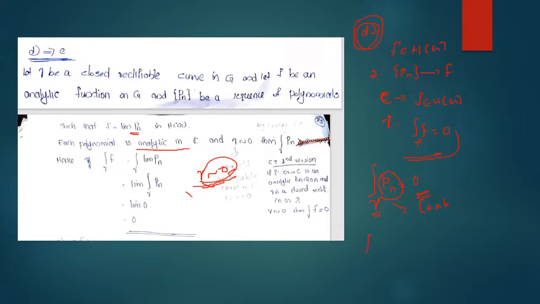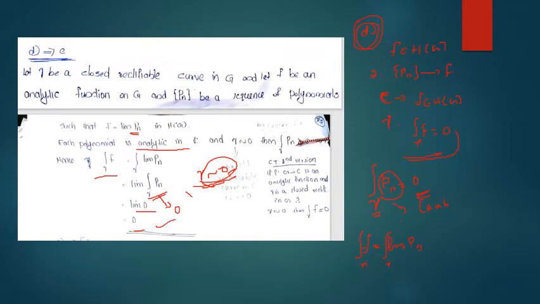Now we have given in D that f equals the limit of P_n. Taking the integral over gamma on both sides, we get the integral over gamma of f equals the integral over gamma of the limit of P_n. Taking the limit outside, we get the integral over gamma of P_n, and we know that the integral over gamma of P_n is 0, therefore the limit of 0, and the answer is 0.